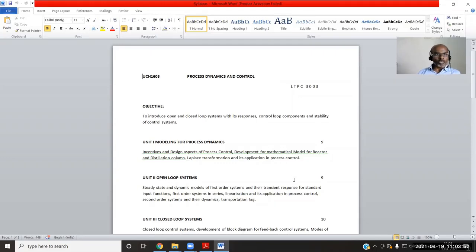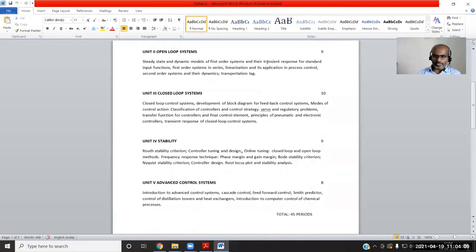So after the test, at least one class, one class is enough to give an introduction about this root locus plot and any other leftover topics, and we'll give an overall idea of the course. Again, to see the syllabus of what we have seen so far in the fifth unit: we have seen the introduction to the advanced control schemes, which is cascade and feed forward control.